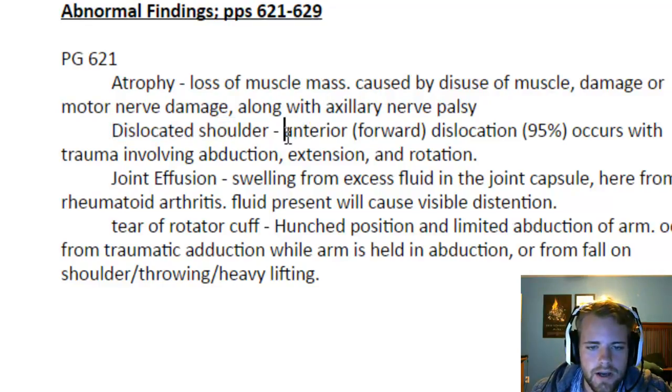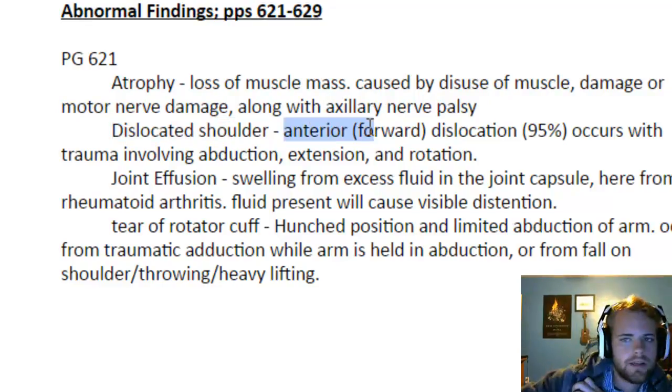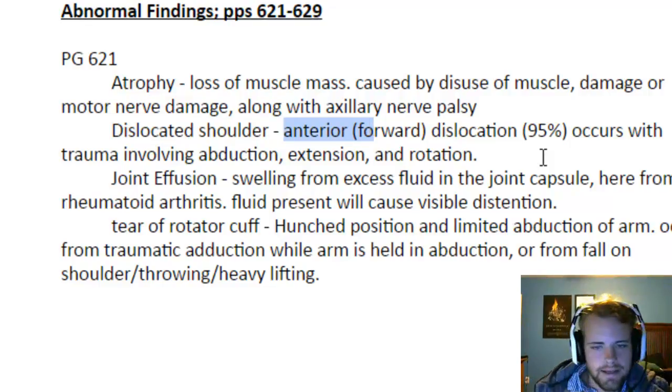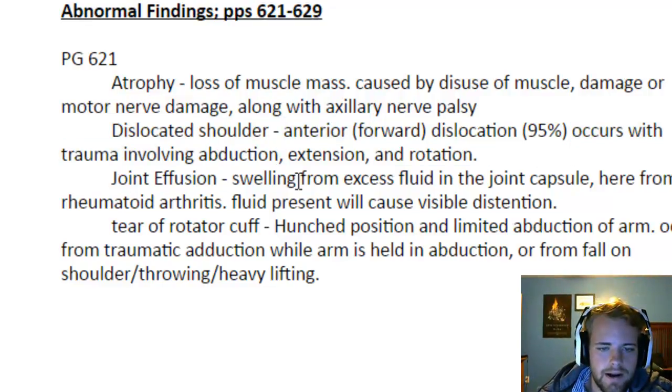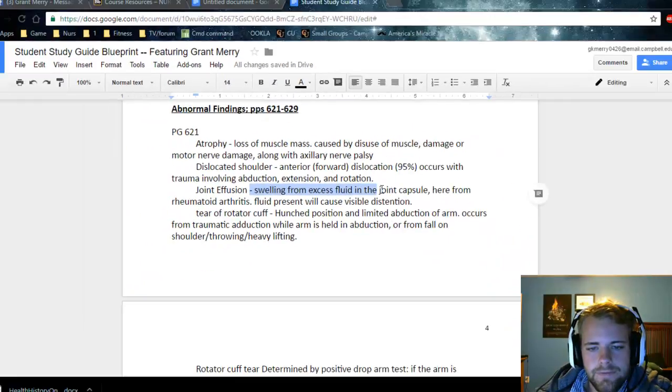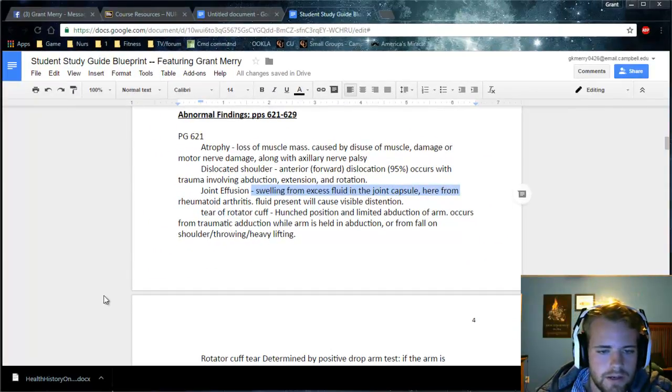Dislocated shoulder, anteriorly forward, is the most common at 95%, and this occurs with trauma involving abduction, extension, and rotation. Joint effusion is swelling from excess fluid in the joint capsule, here from rheumatoid arthritis.